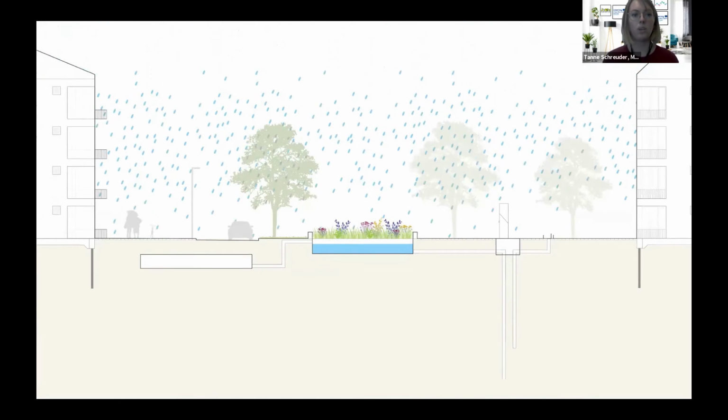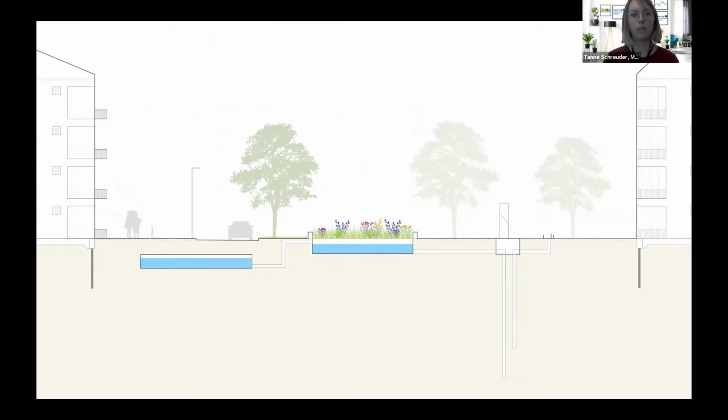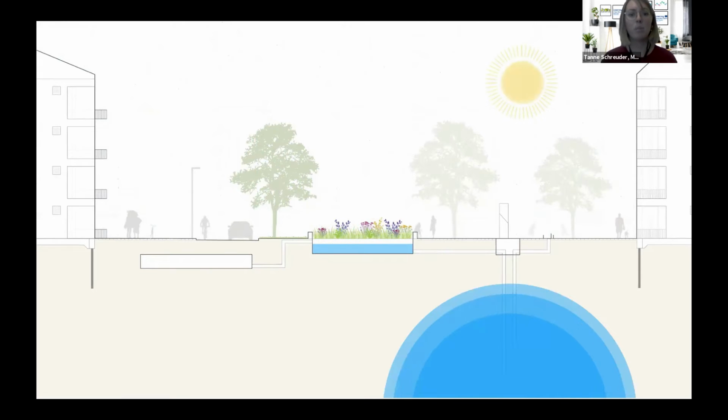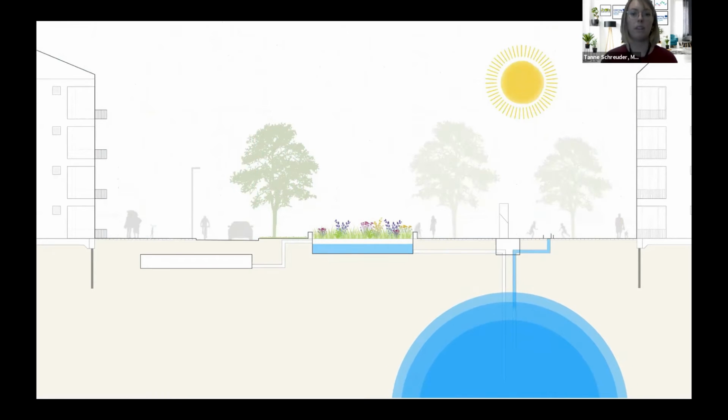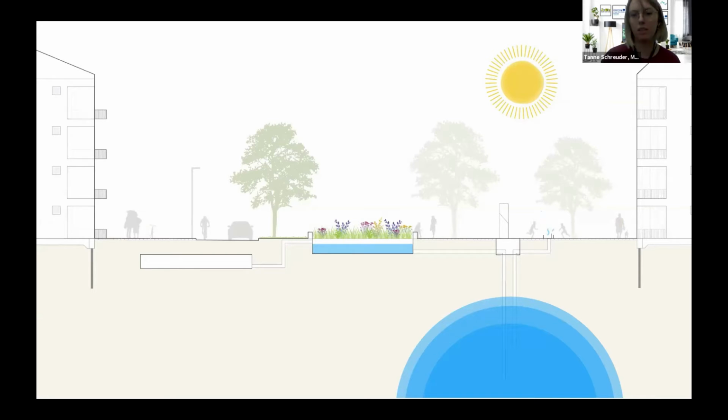So when it rains, the rainwater is stored in a crate system where it is held temporarily. After this, it flows through to a biofilter where the water is cleaned and purified. The clean water is then pumped into the deep underground where it is stored. When it's hot during the summer, the water can be pumped back up and it can be used to irrigate the park as well as the petting zoo and the local farm, the small allotment gardens and that sort of stuff.